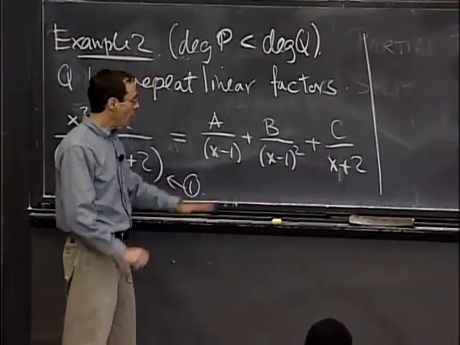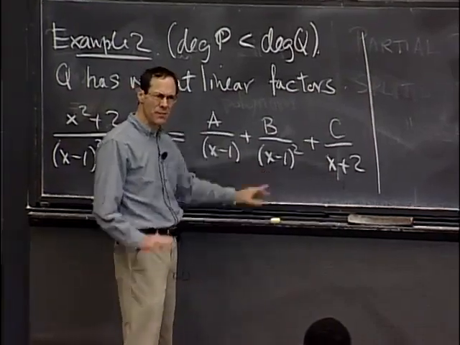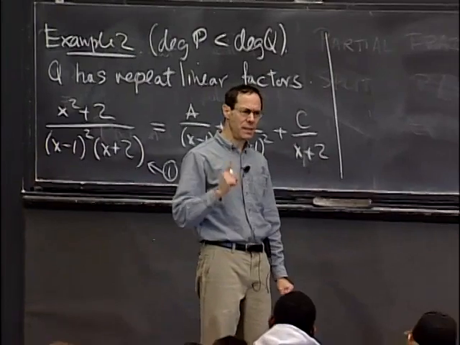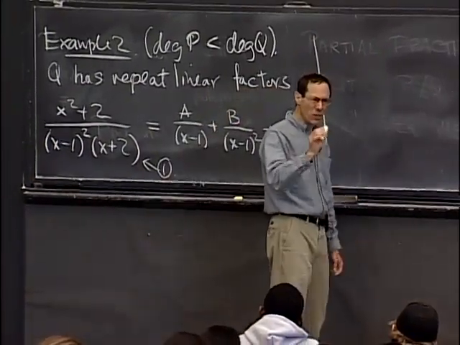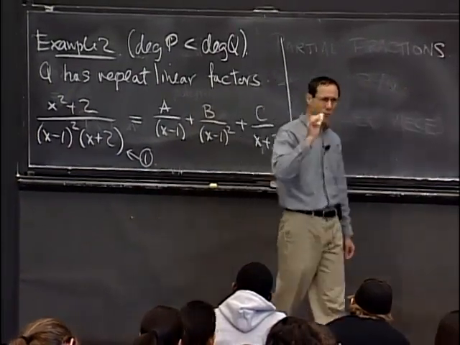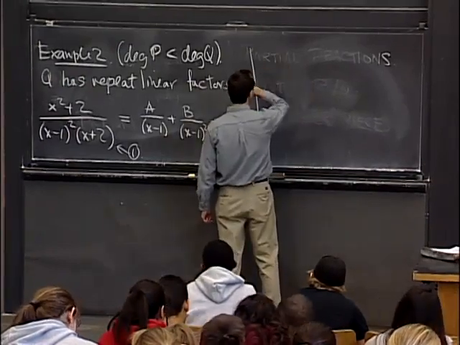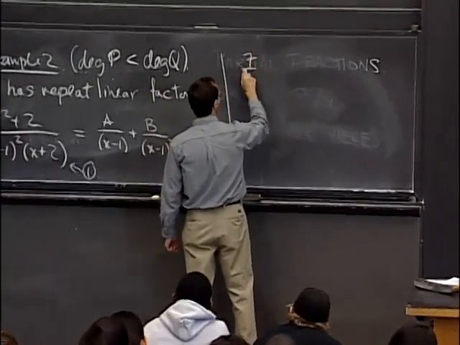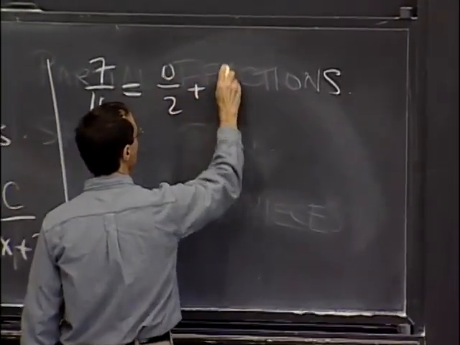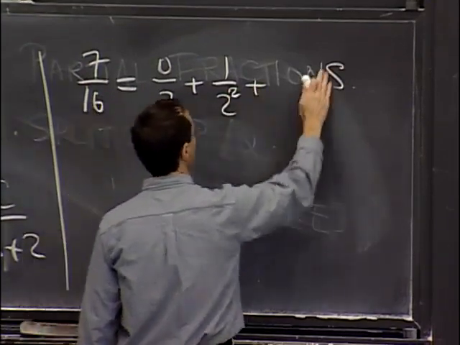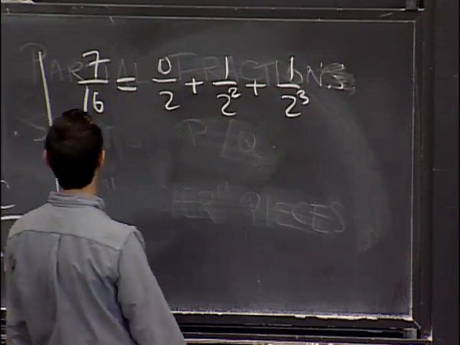Why does it have to be squared? Okay, so good question. So why in the world am I doing this? Let me just give you one hint as to why I'm doing this. It's very, very much like the decimal expansion of a number, or say the base 2 expansion of a number. So for example, the number 7/16 is 0 over 2 plus 1 over 2 squared plus 1 over 2 cubed plus, is that right?